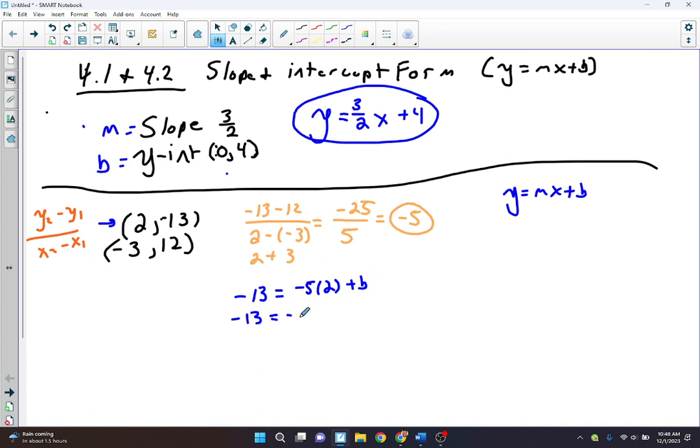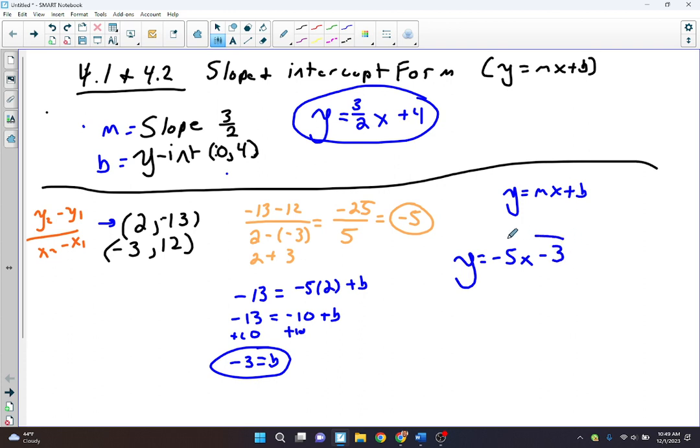Negative 13 equals negative 10 plus b, plus 10 on both sides. It's going to be negative 3 equals b. Reminder, the final answer is the equation. Please don't just stop here. You will lose a point if you stop right here, even though you did all the hard part. Y equals negative 5x minus 3. So make sure you finish it off, okay?